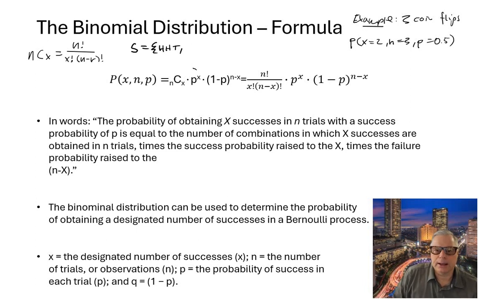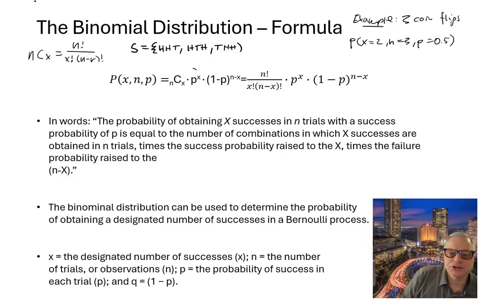Or I can get head, tail, head. Or I can get tail, head, head. So there are only 3 ways of getting 2 heads in 3 coin tosses.